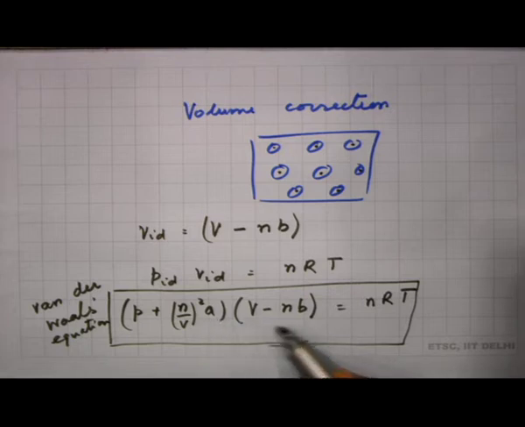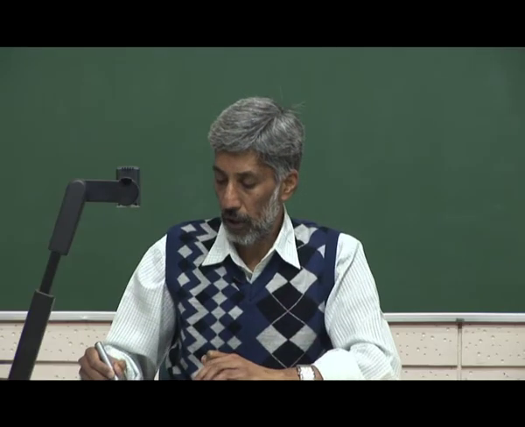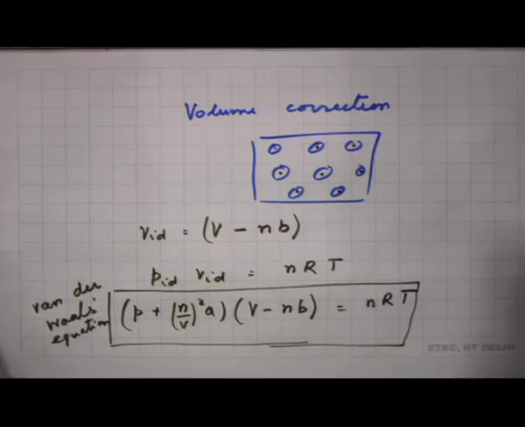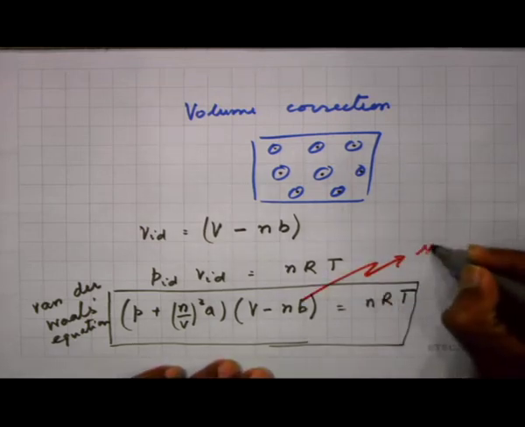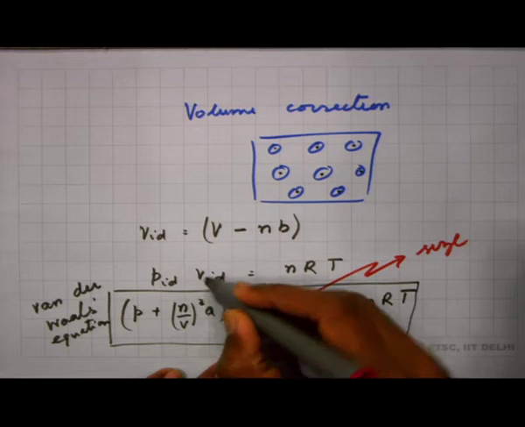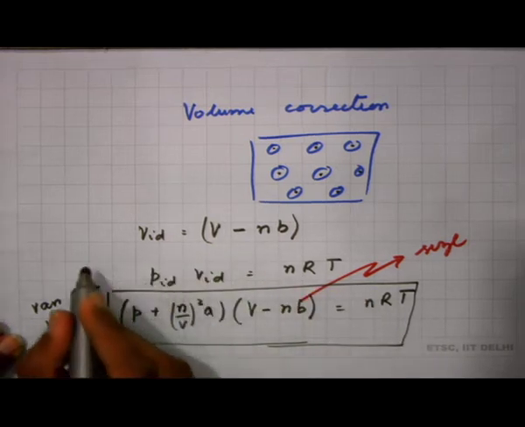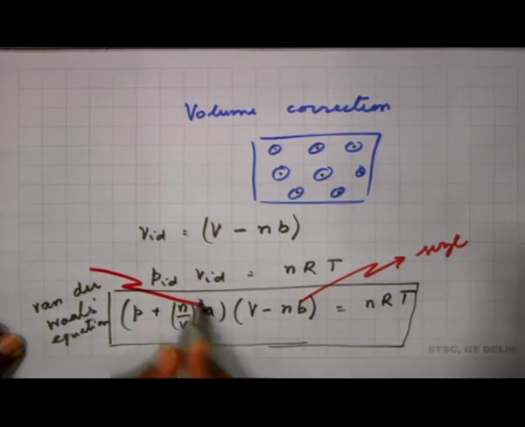Then we correct for the volume by saying that the ideal volume would be the true volume less something which characterizes the size of the molecule. So, B characterizes the size of the molecule and A characterizes the intermolecular force.